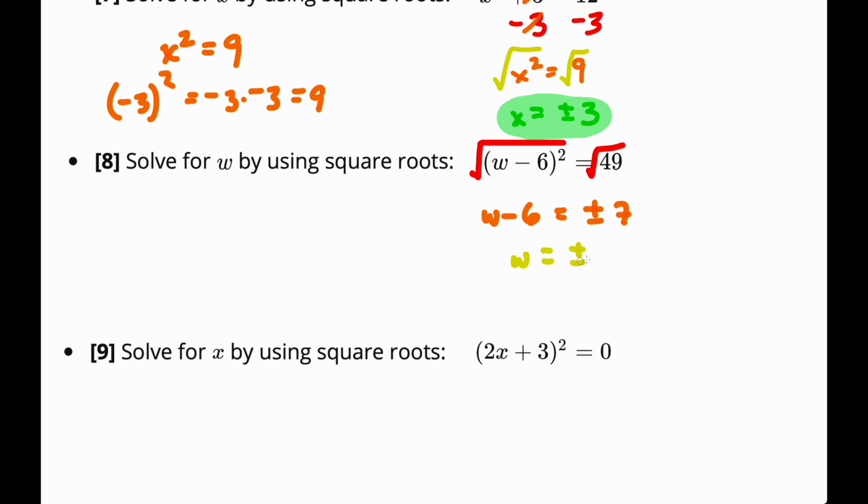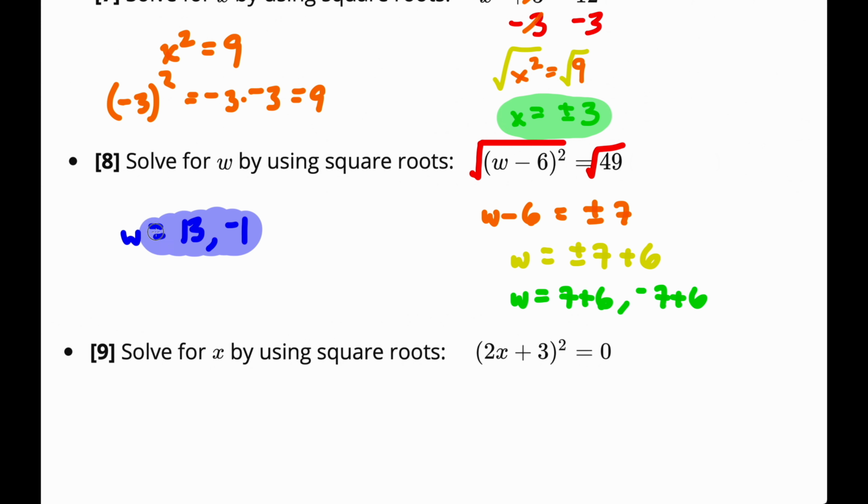So you're going to be left with plus or minus 7 plus 6. And when you do that, that's equivalent to 7 plus 6 and -7 plus 6, because it's plus or minus 7. So you're going to end up with 13 as your answer and -1 as your answer for that one. You have to solve them both.